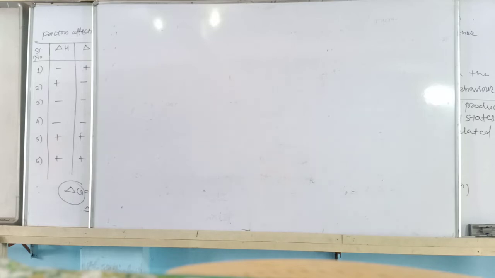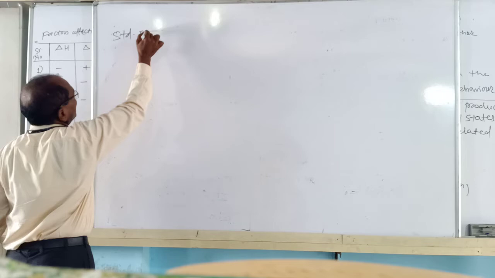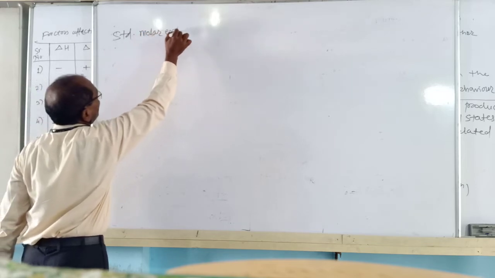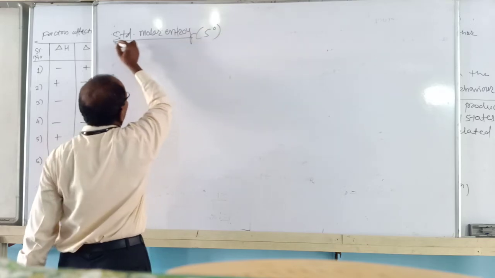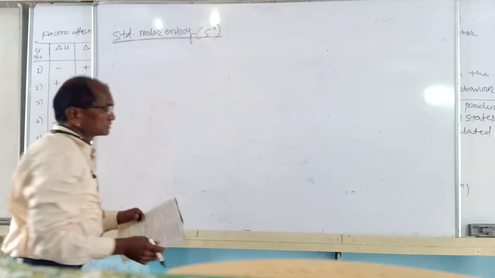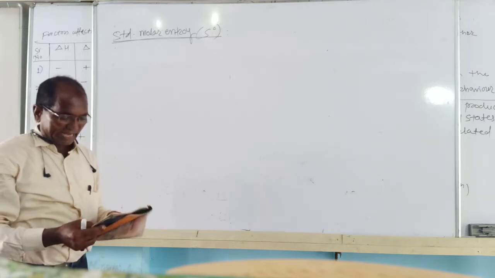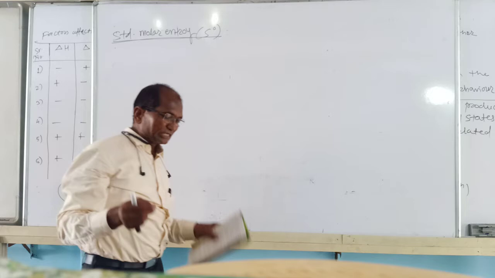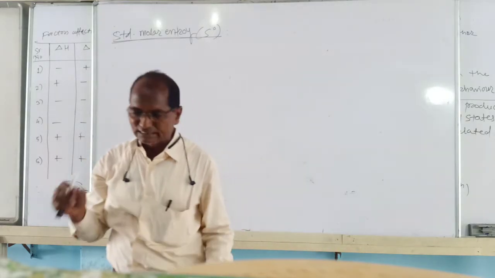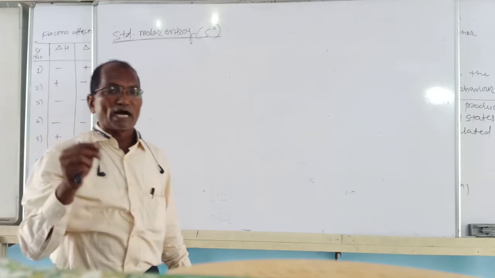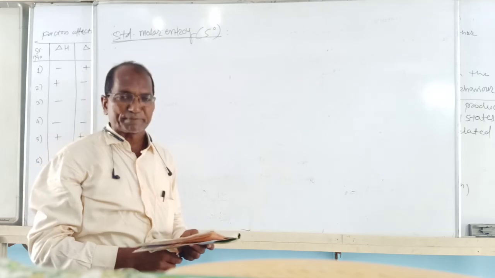Define standard molar entropy. Standard molar entropy, which is represented by the symbol S0, is defined as the absolute entropy of 1 mole of a pure substance at 1 atm pressure and 298 Kelvin temperature.